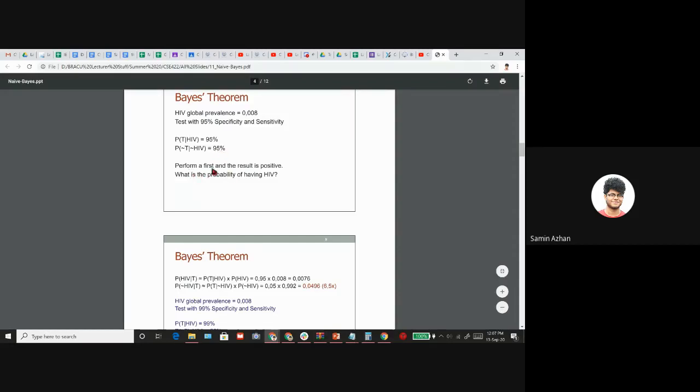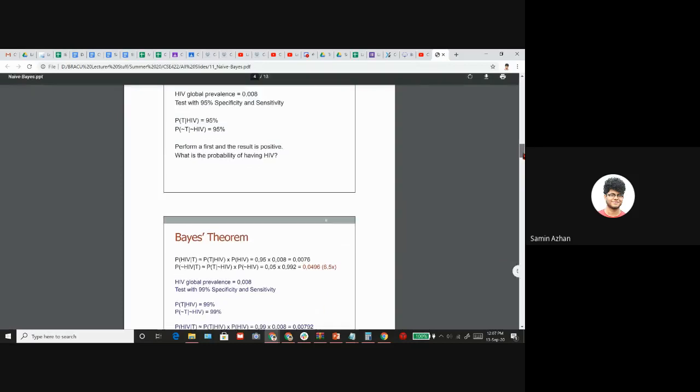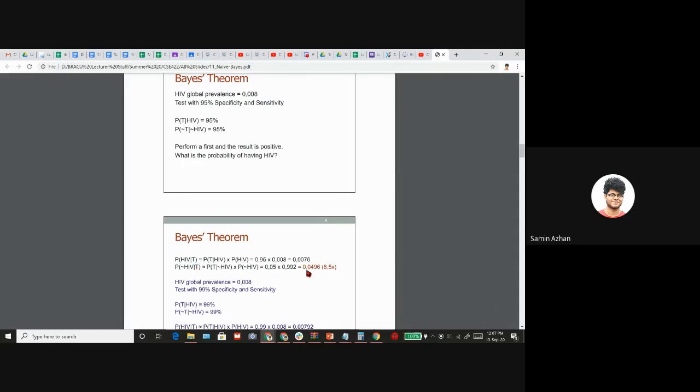So from a first test, the result is positive. What's the probability of having HIV? Again, we have to calculate the probability of HIV given test. If we use the Bayes rule, we'll get something like this. And for not HIV given test, if we use the Bayes rule, we get something like this.